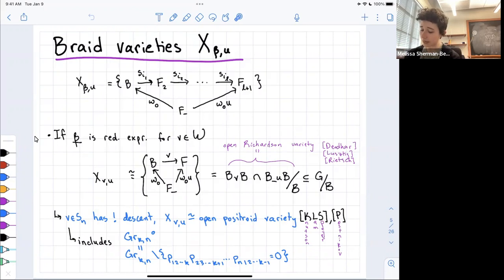Then in type A in particular, if you choose your word beta underline to be reduced, and even more special, a reduced expression for a permutation with a unique descent, then these braid varieties are really very nice. They're isomorphic to something called an open positroid variety. I won't get too much into what these are, but there's a lot of really nice combinatorics around open positroid varieties, a lot of it developed by Postnikov, with follow-ups by Lam and Speyer.